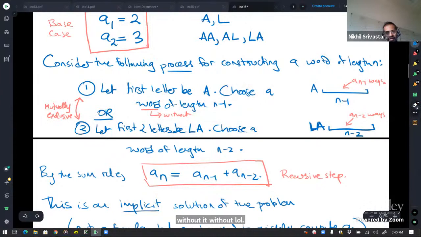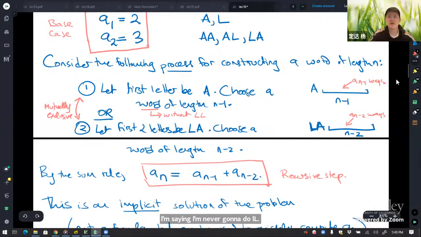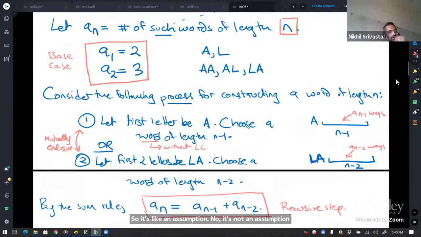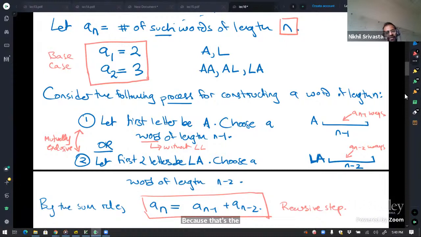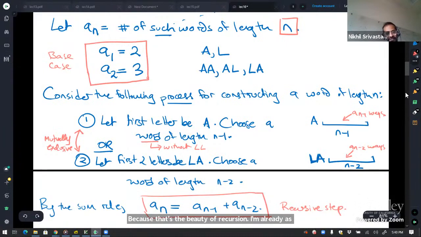So that's what guarantees it, because in the definition itself, I'm saying I'm never going to do LL. So it's like an assumption. No, it's not an assumption. It's a recursive definition, because that's the beauty of recursion. I'm already assuming A sub n minus 1 is the number of such words of length n minus 1 without LL.